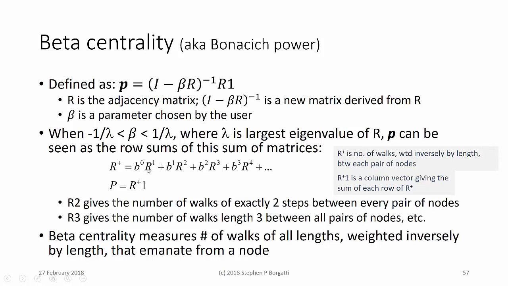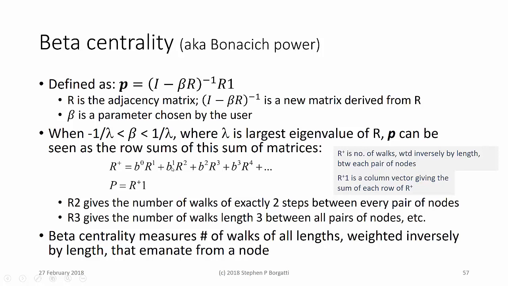So this first one here is just the adjacency matrix. And if it stopped there, by the way, and we threw away everything else, then all this would be, when we took it to the next step, the row sums of the adjacency matrix. It would give us degree. But it doesn't stop there. So now let's say beta is 0.5. So beta to the first is 0.5.